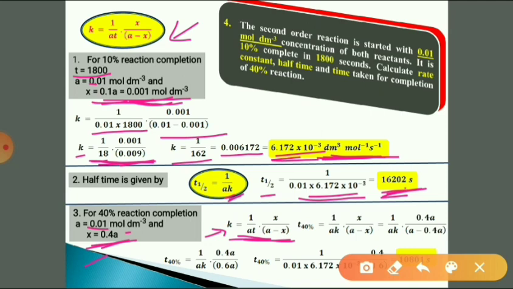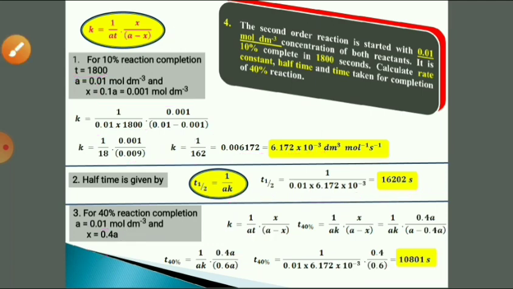Just put the value of the variable x. So we get t 40% equal to 1 upon ak into 0.4a divided by 0.6a. Here the a gets cancelled.